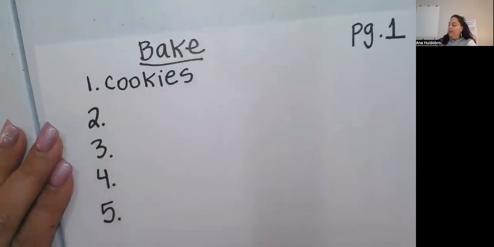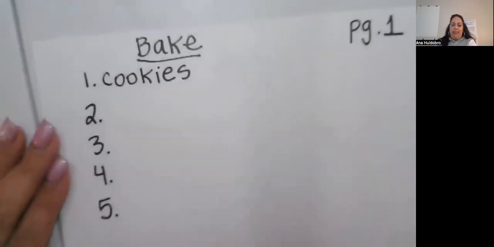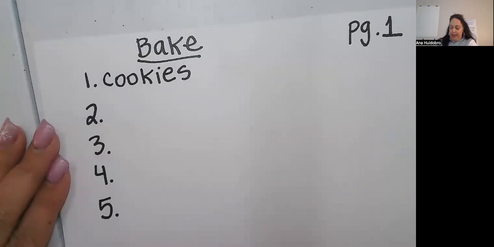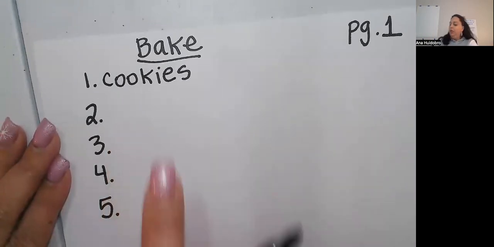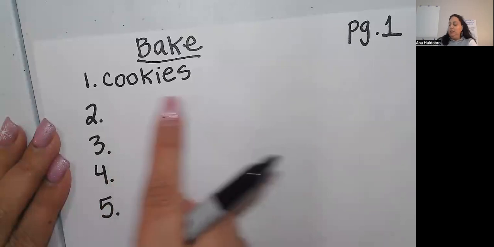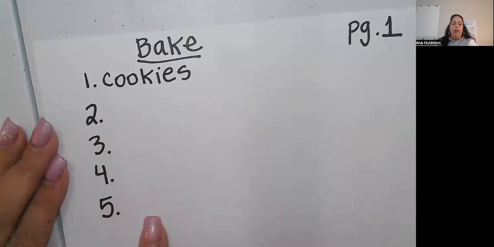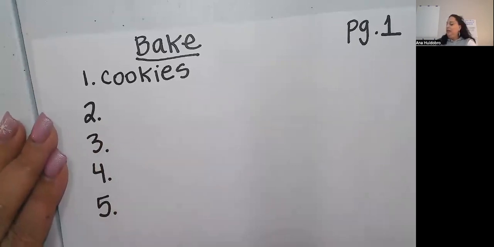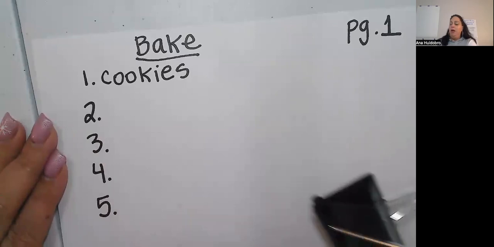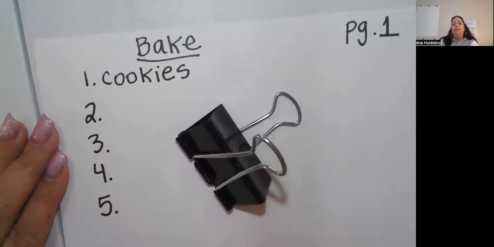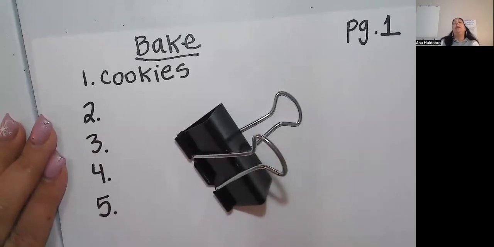I'm going to have you pause and please share ideas of things you can bake and write them down. Don't worry about the spelling. Spell them any way you think you could. And if you can't get all the way to 5, that's okay, especially if you're by yourself. What I would like you to do right now is pause and tell me different things that you can bake.